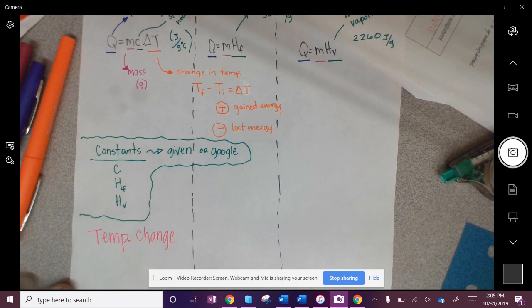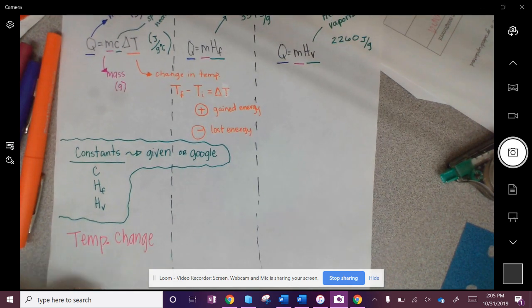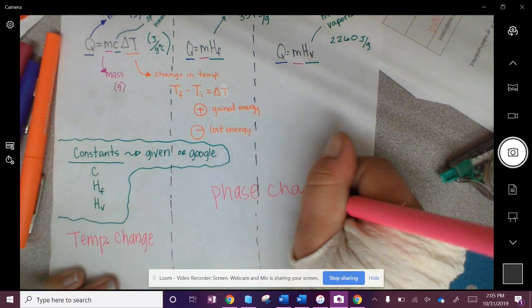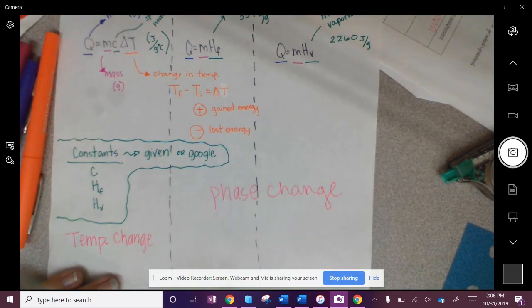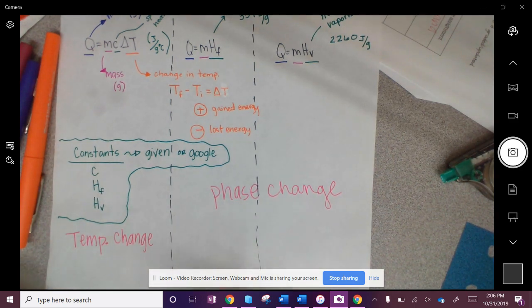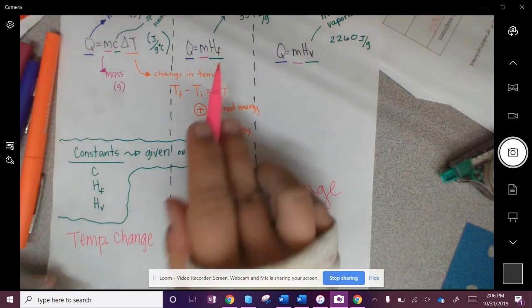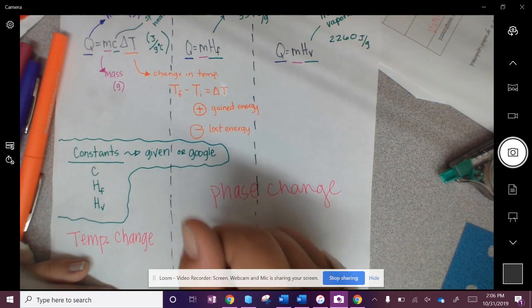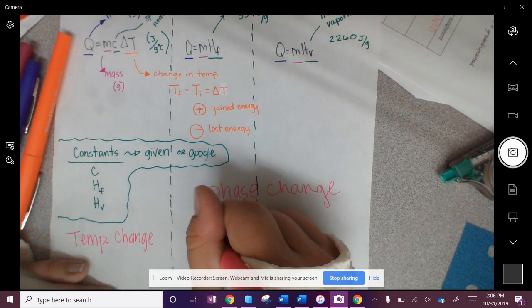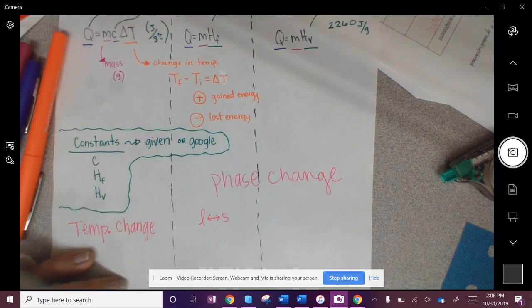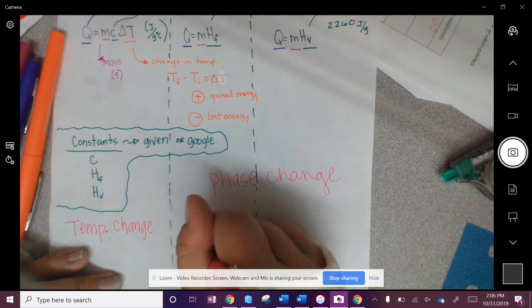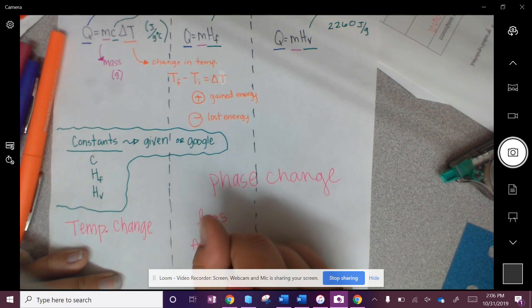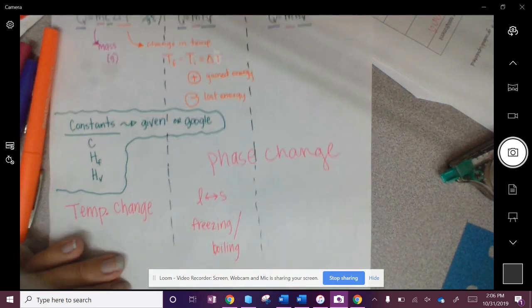These 2 formulas then are going to be during a phase change. But we have 2 different formulas because they're each for a different phase change. So MHF is going to be for those lower temperature phase changes, meaning we're going from a liquid to a solid, or a solid to a liquid, which we call freezing or melting.